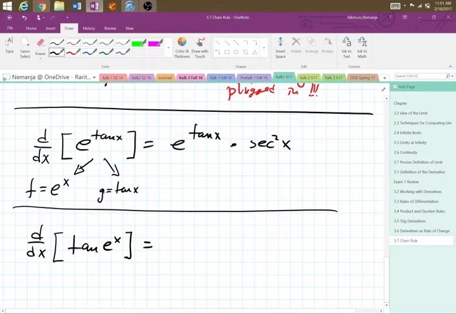What's the outer function? Tangent x is the outer. And what's the inner? E to the x. Awesome. So now, what do we have?